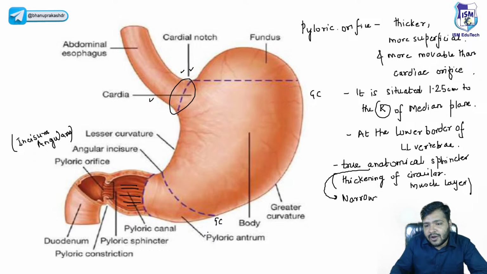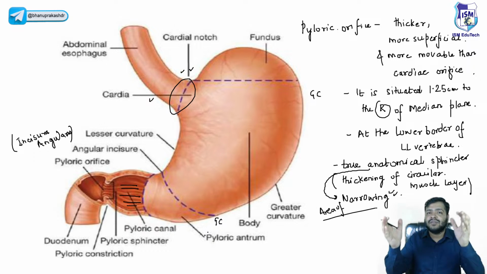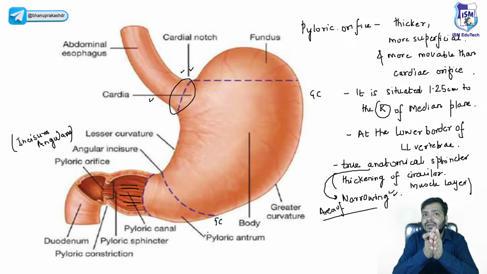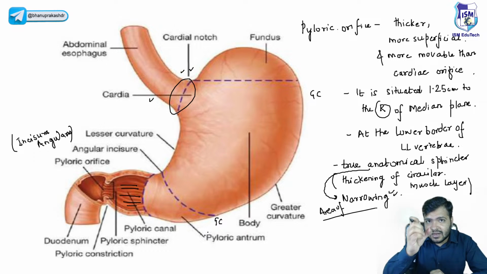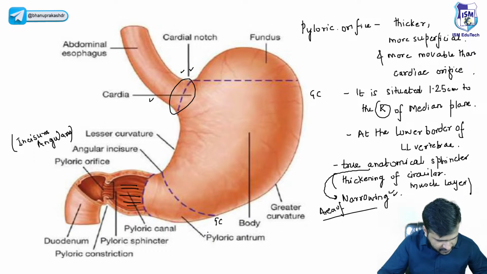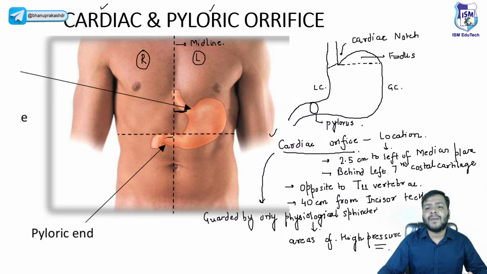If circular muscles are present, they will constrict that part, and that is referred to as the area of narrowing. I hope this is clear to everyone, beta. Both the orifices, the cardiac orifice and the pyloric orifice.